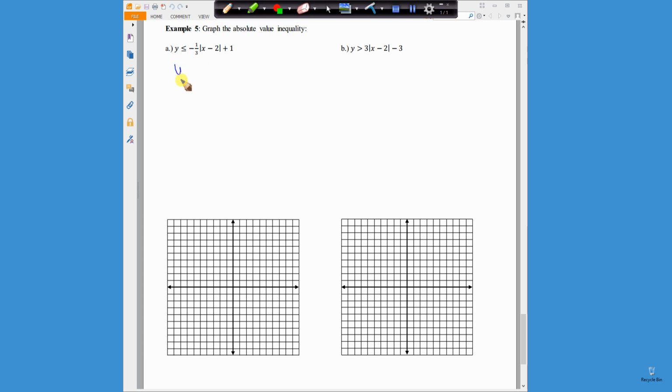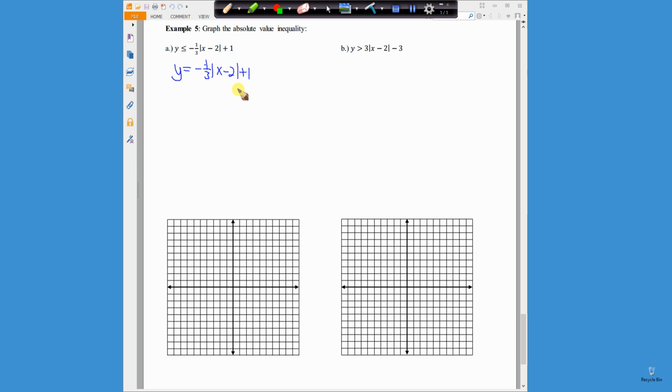Your absolute value equation forms the boundary of the graph. So it's exactly the same thing as for lines, but now we have an absolute value function. So you're graphing the absolute value function, the equation, just like you used to, but it's a boundary. The absolute value function makes a boundary for a region of solutions. So it's the same idea.